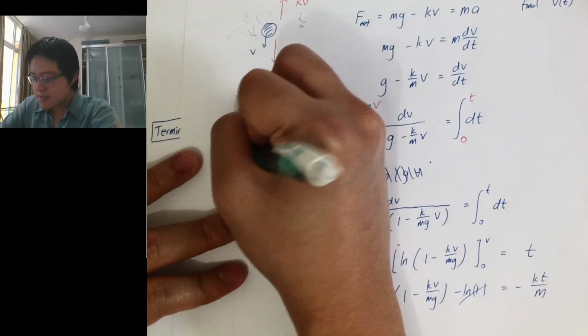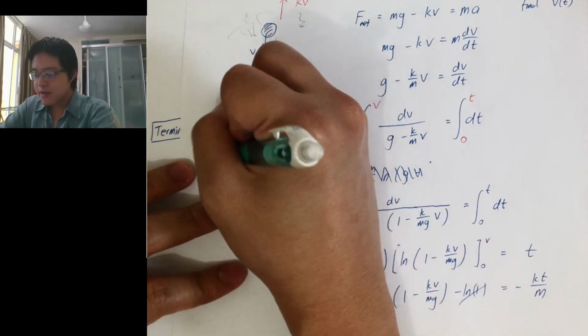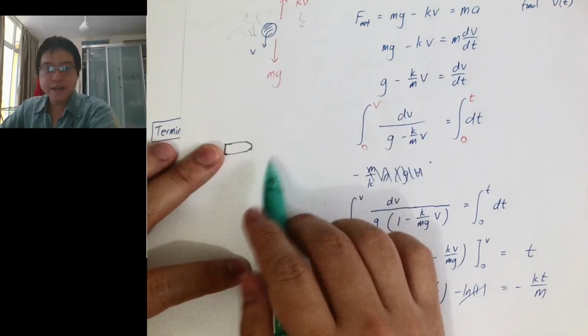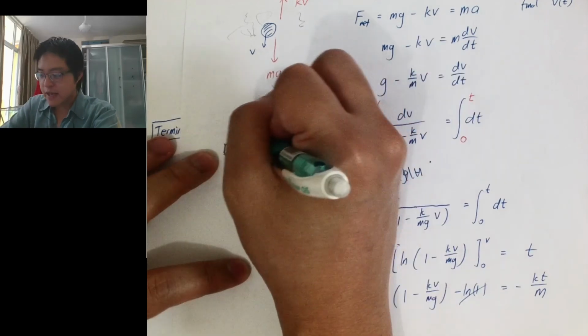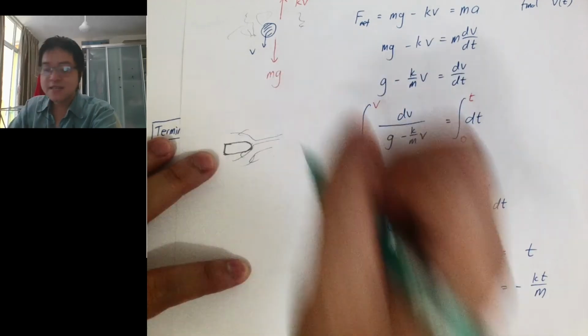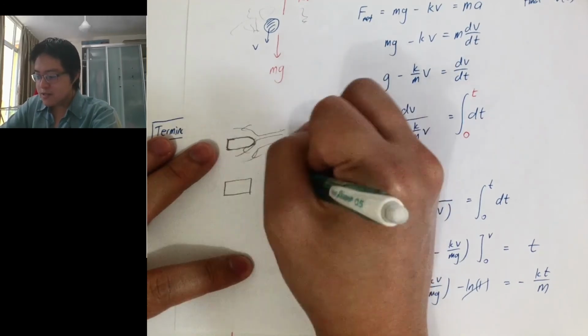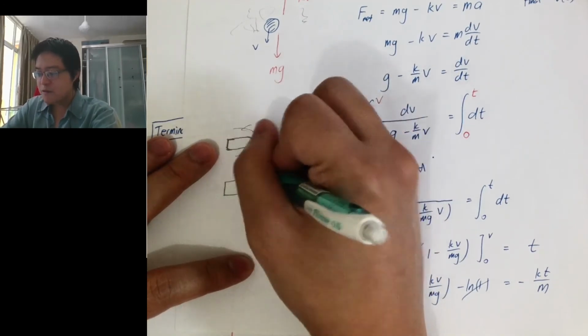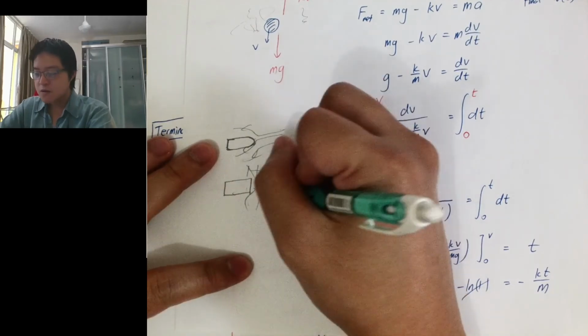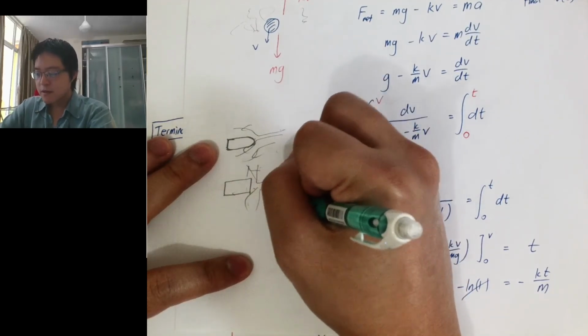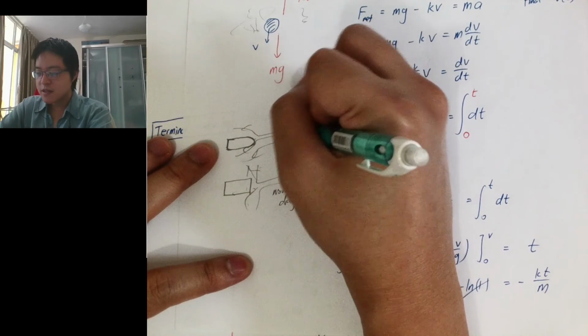Why does a bullet have this shape? There's a sharp corner at the back, but the front is smooth because the air will flow like this, so it has less resistance. Imagine a square thing, it will flow through very big, so this one has more drag or more resistance, and this has less drag.